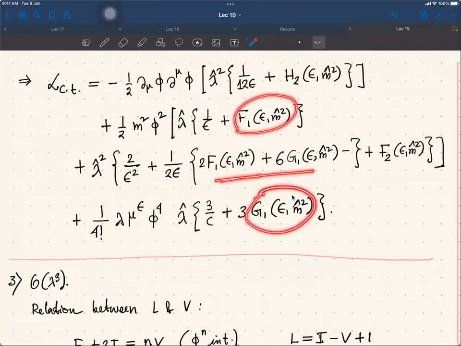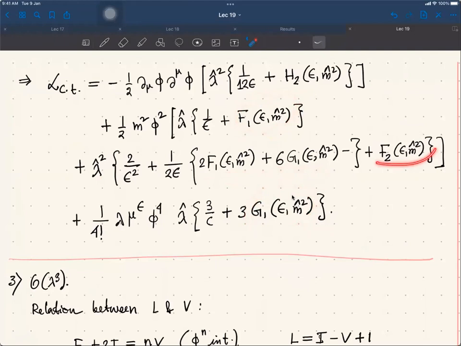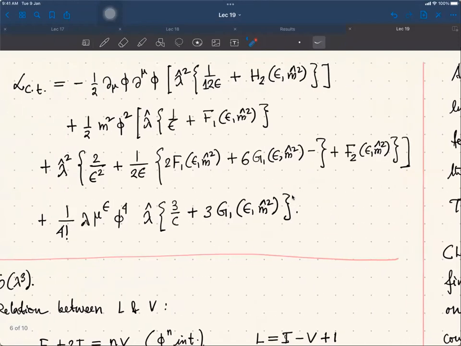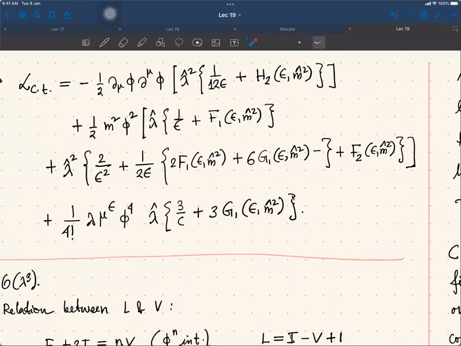So the finite ambiguity in the counter term that appeared in order lambda came into the residues at the next order of a pole. Similarly, this f2 will go into the residue of the next order in lambda in certain poles.